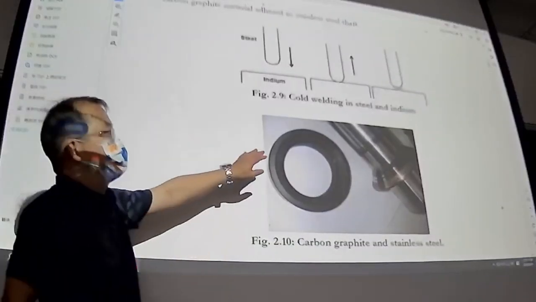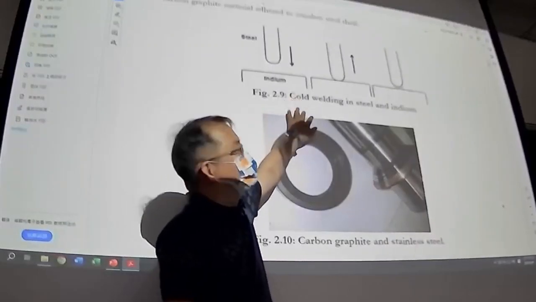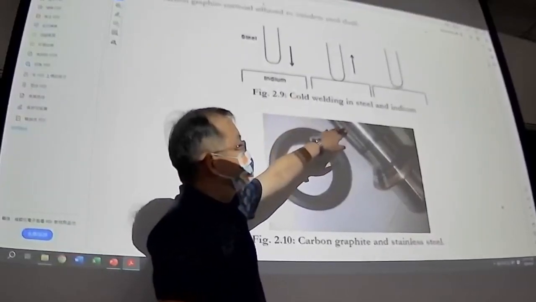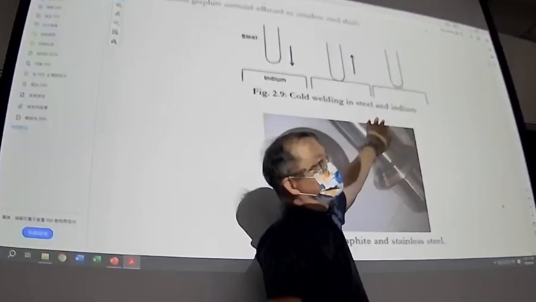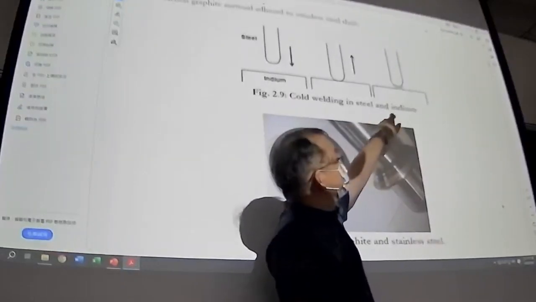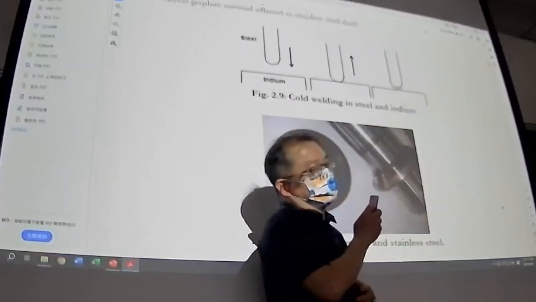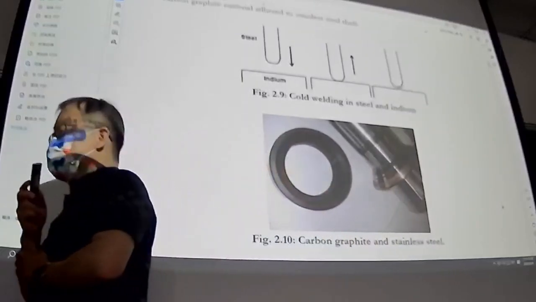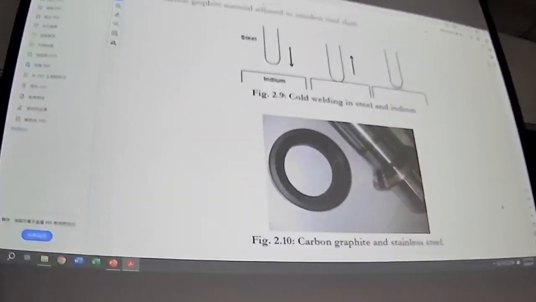It's an effect of cold welding. So the indium material was attached to the steel pin. So this is a phenomenon of the adhesion. So these two are the examples of the adhesion.